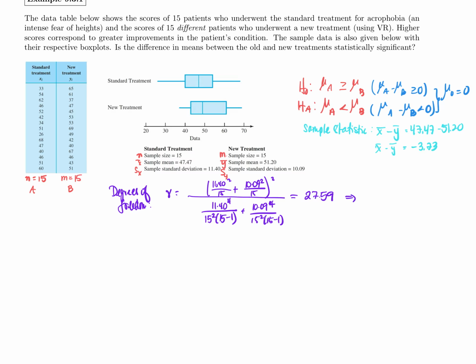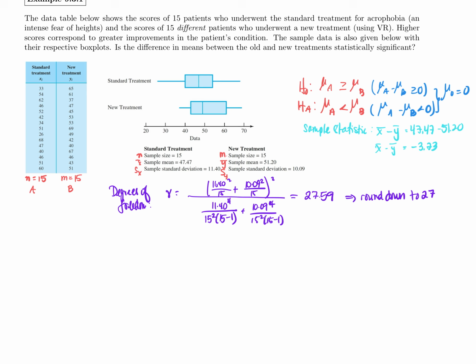So we're going to round down to 27. And this is going to feel uncomfortable because you have 27.59, and your instinct is to round up to 28. But remember what happens when we talk about our degrees of freedom. The higher the number of degrees of freedom, the closer it is to truly being a normal distribution.